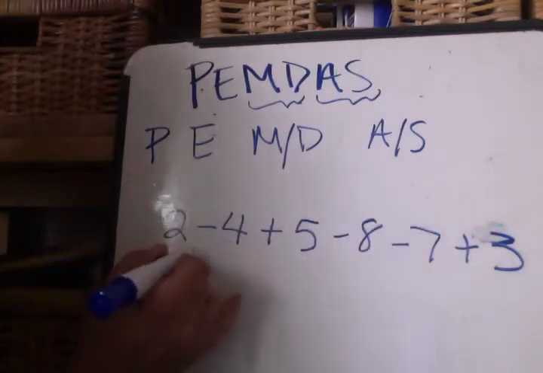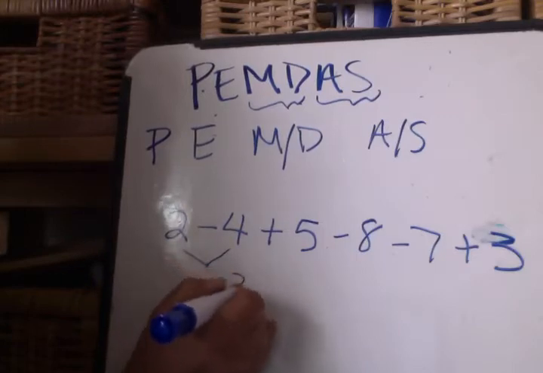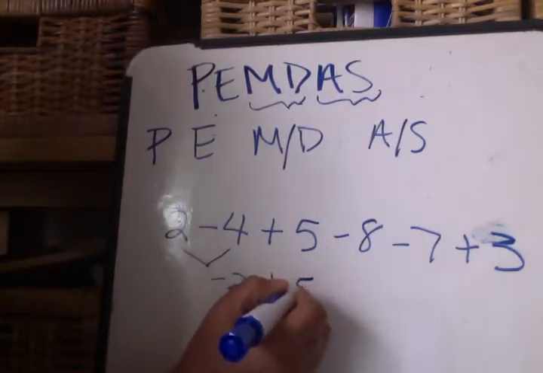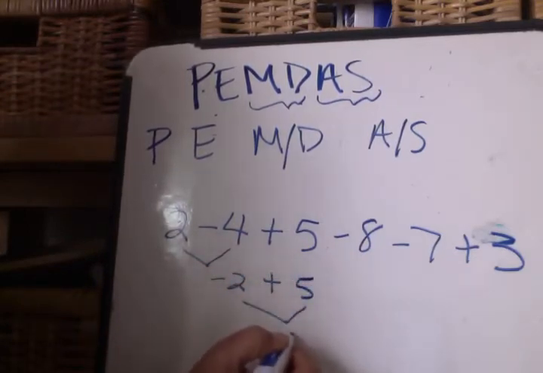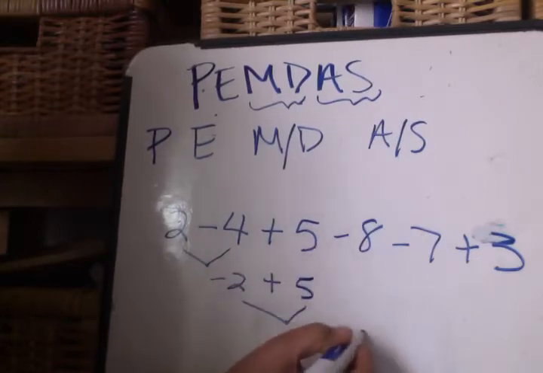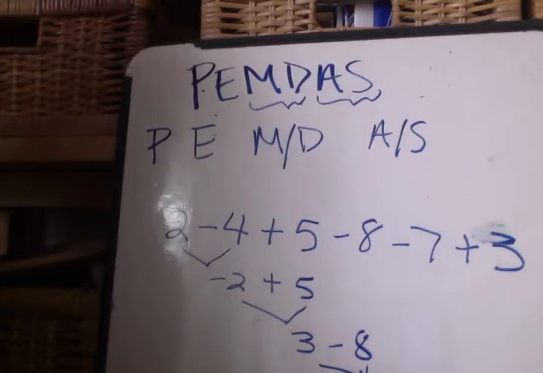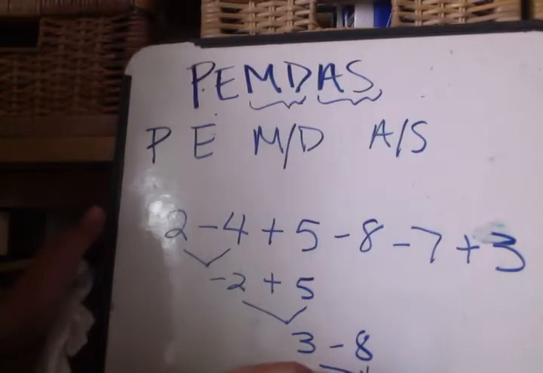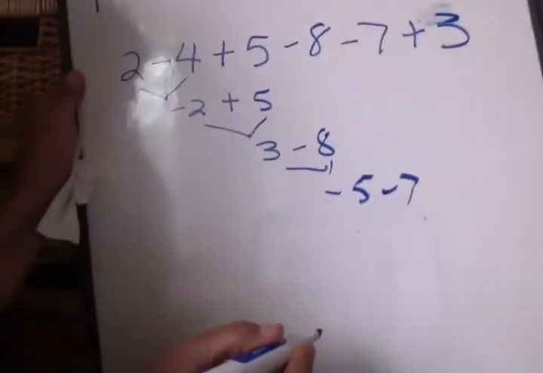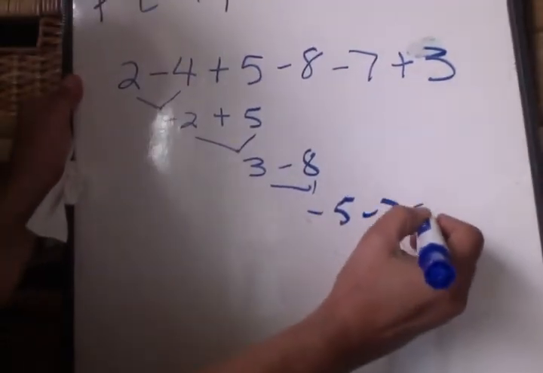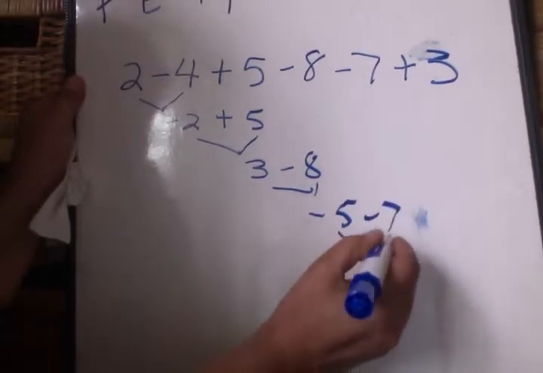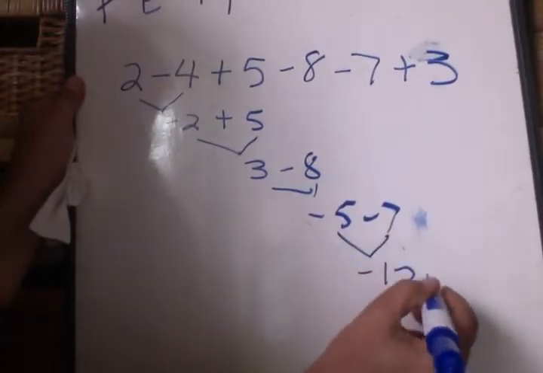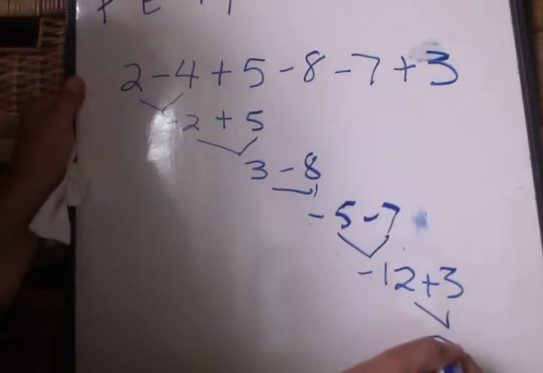So 2 minus 4 is going to be negative 2. And then plus 5 would be 3, and then minus 8, negative 5, minus 7, it would be negative 12, and then plus 3 would be negative 9.